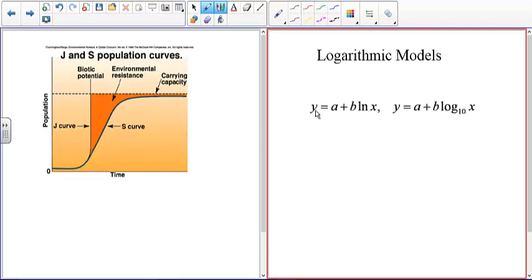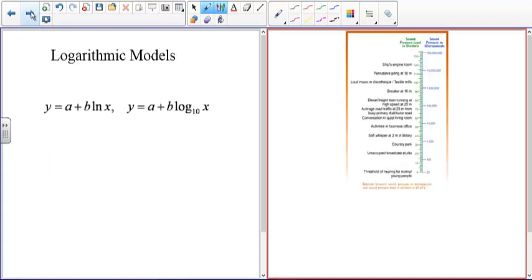So it's usually y equals ax plus b. In this case, they put a as the y-intercept, and you're taking the natural log. You can do either the natural log or the log to base 10. Really, they're equivalent to each other. They both serve the same function.